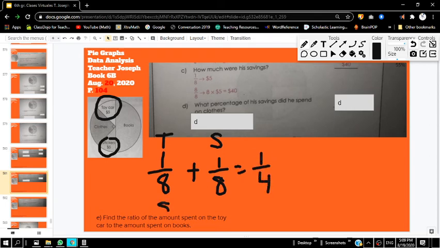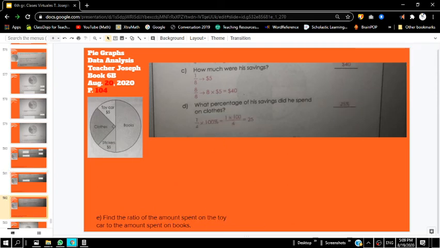In other words, $5 plus $5 equals $10. So our amount that he spent on clothes should have been $10. The percentage of that would be 25%, okay?